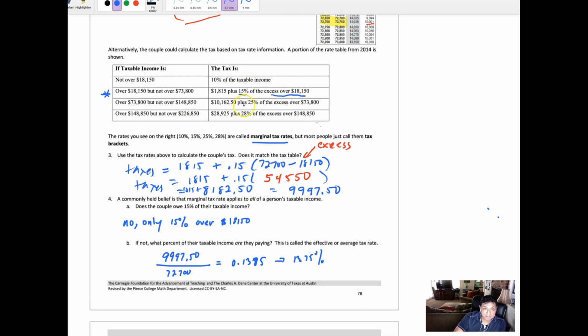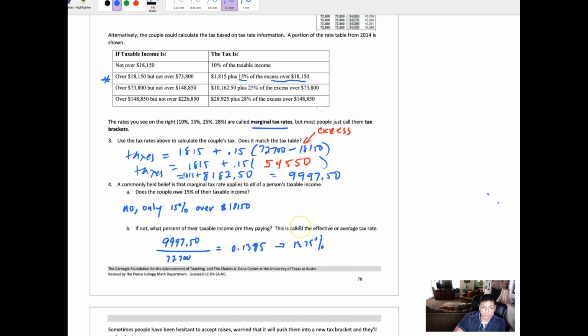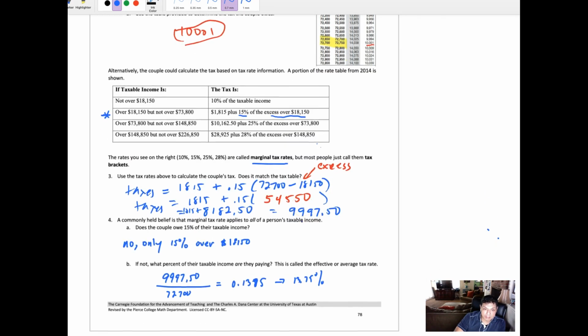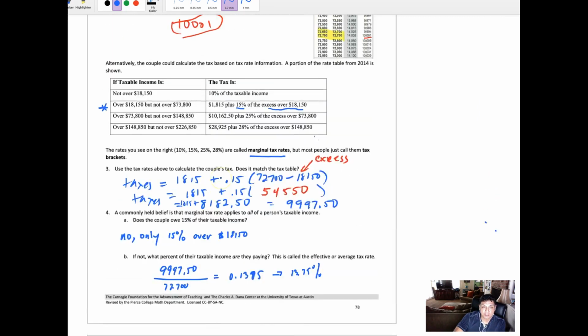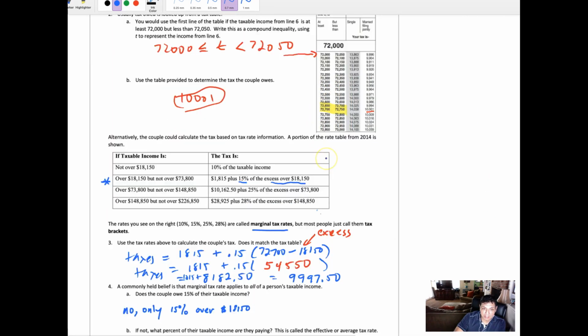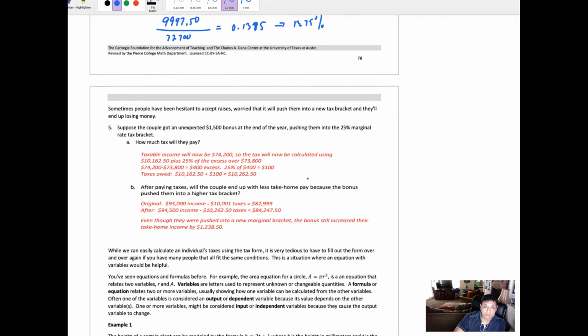It's not the 15% tax, because the marginal tax rate applies only to how much over you make. Those are called tax brackets. We're starting to get into this idea of variables, and your taxes will vary based upon your income, which in this unit we start getting into equations and variables.